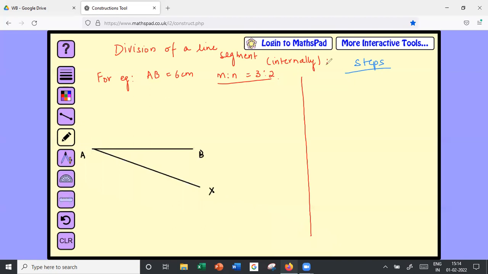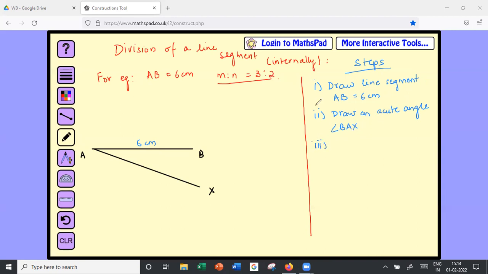Okay, coming back to my steps. First thing I did is draw line segment AB 6 centimeter. I'll write it here also. Second thing I did is draw an acute angle.